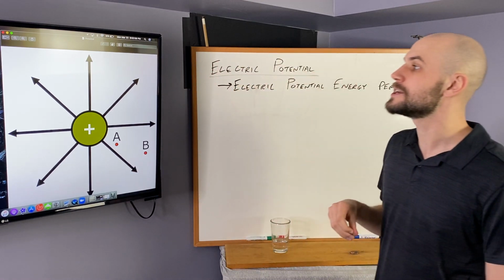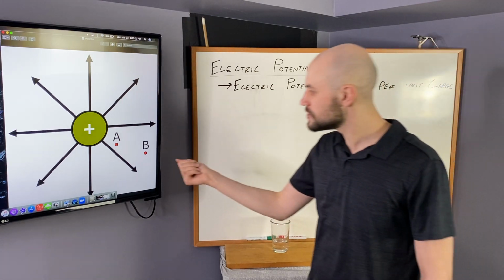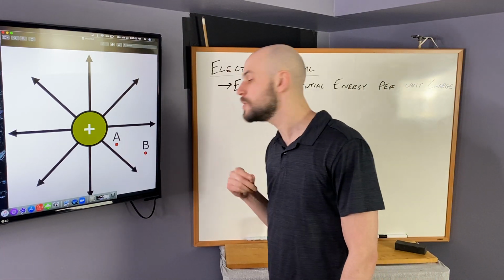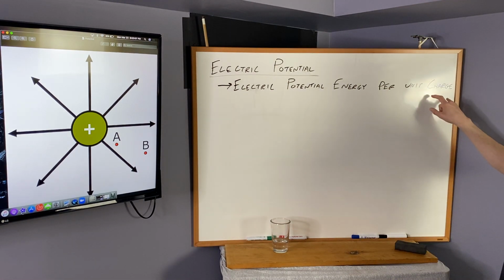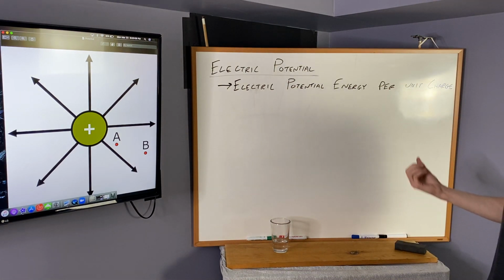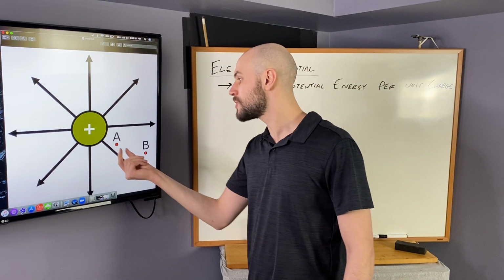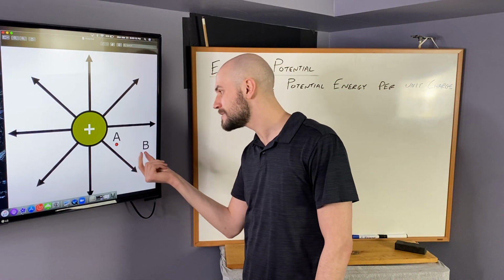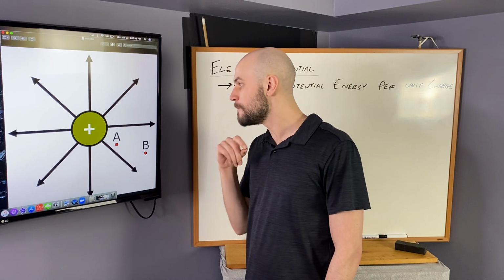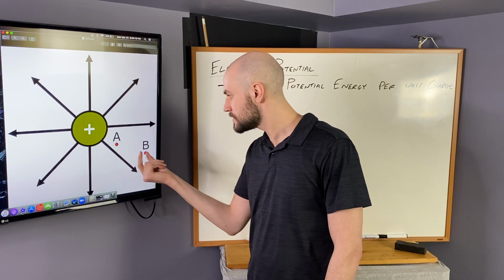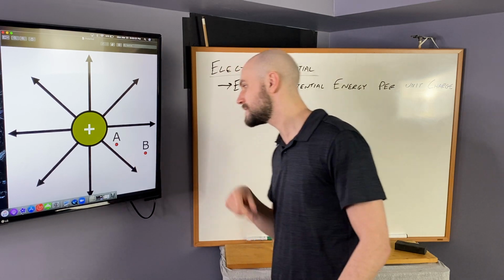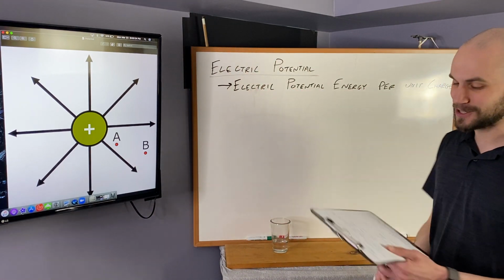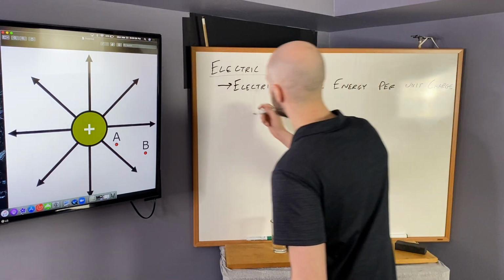But let's say we ignore what charge we're moving and we're just looking at the differences between these two locations in space. Electric potential energy per unit charge means we're dividing out the charge. So if we don't care what charge we move, we're only interested in the difference between these two locations, we can call that difference in electric potential, we call that potential difference.